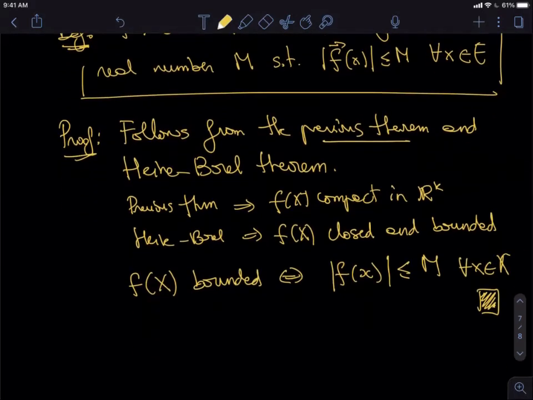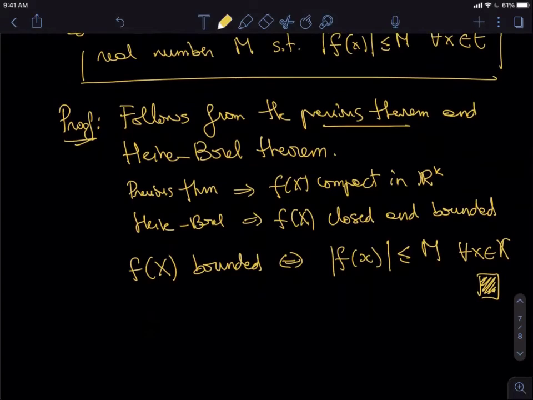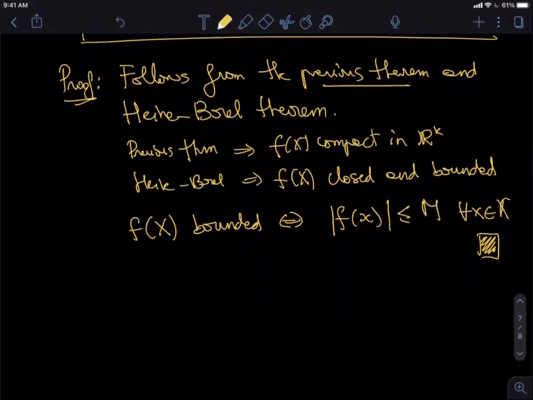So this theorem is very important when we discuss real functions, because it is what we have seen in calculus as the extreme value theorem.